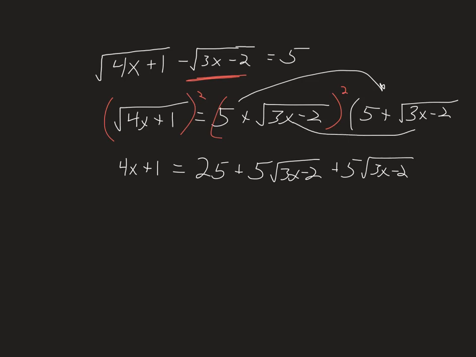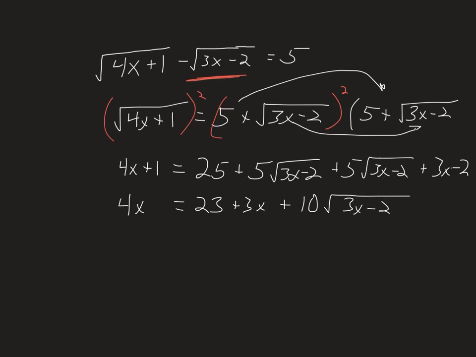And then last but not least is plus 3x minus 2. When you multiply the radicals, the radical will disappear. So let's clean this up and see what we have. 25 minus 2 is 23, plus 3x plus 10 rad 3x minus 2.